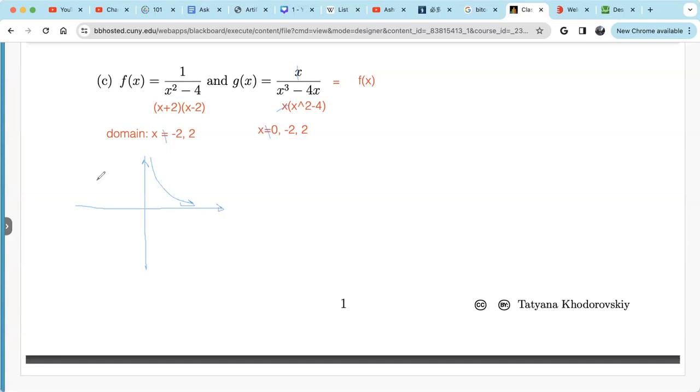Oh, sorry, I need to erase this. I need to draw the vertical asymptotes first. I want to draw x equals -2 and x equals 2. I only want to erase this one. Okay, good.